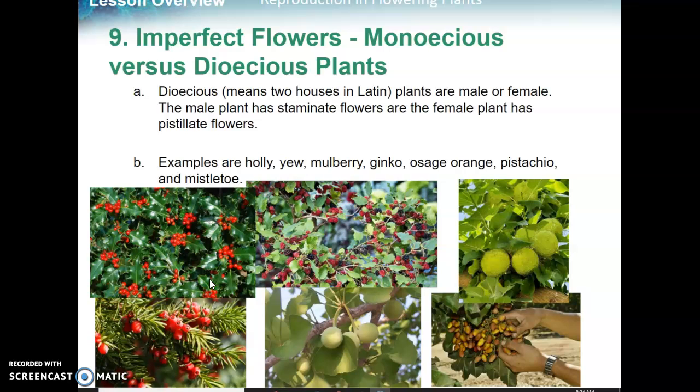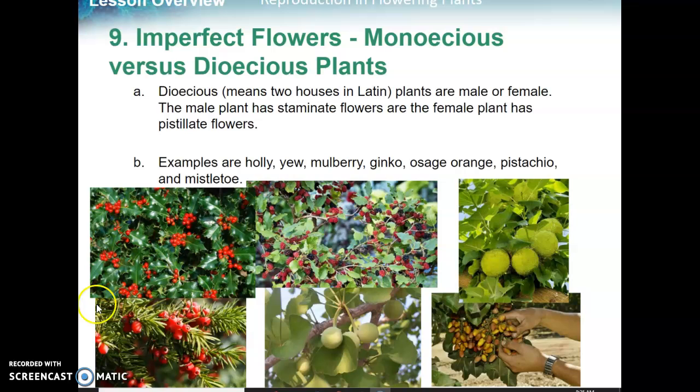The male plant has staminate flowers, has imperfect flowers with just the male stamens in them. And well, they could also have petals and sepals, but they don't have pistils. The female plant has just pistillate flowers. So just like in humans, there are males and females, you also have in plants a male plant, a female plant.